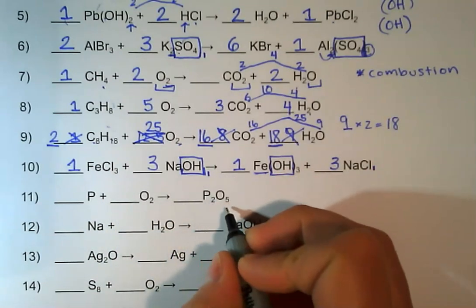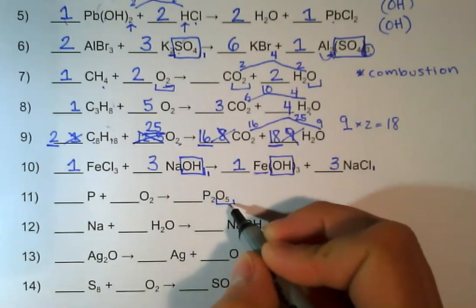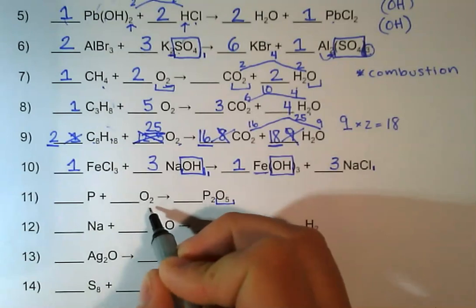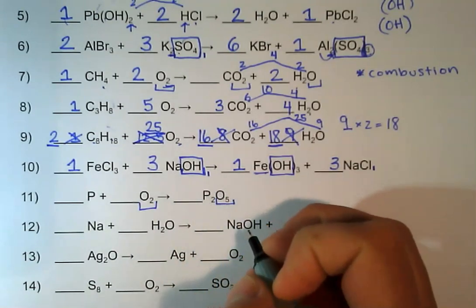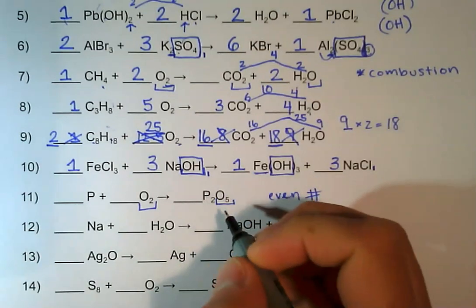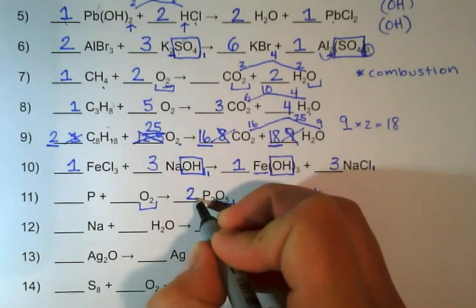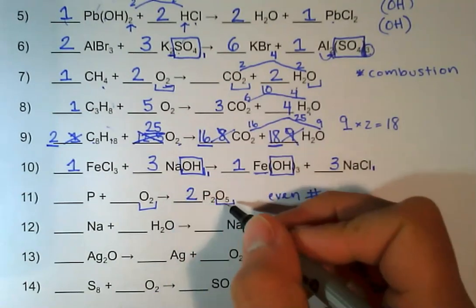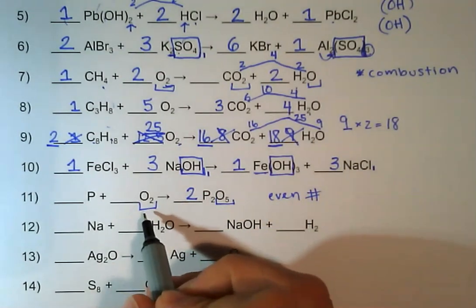But I already noticed that I have an odd number of oxygens on my product side, and that nothing that I multiply by 2 here is going to give me 5. So I need there to be an even number of oxygens. So to get oxygen to an even number, I'm going to start by multiplying by 2 here. 2 times 5 gives me 10 oxygens, so now I can balance oxygen effectively.